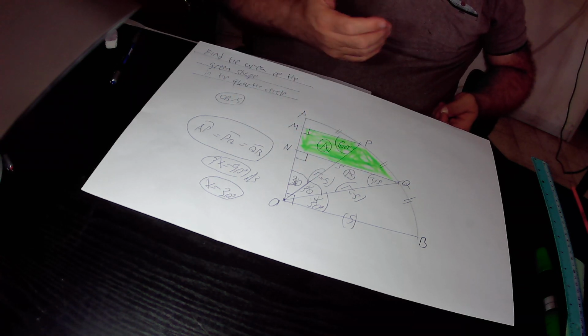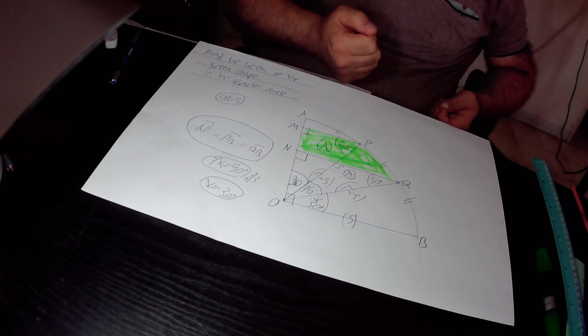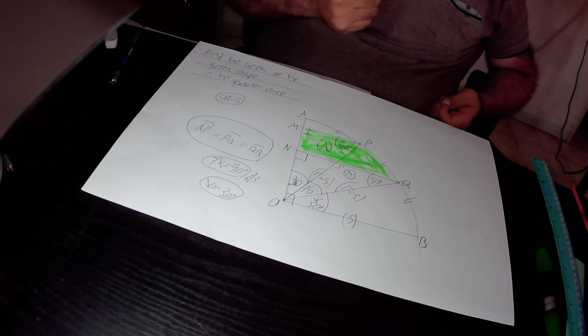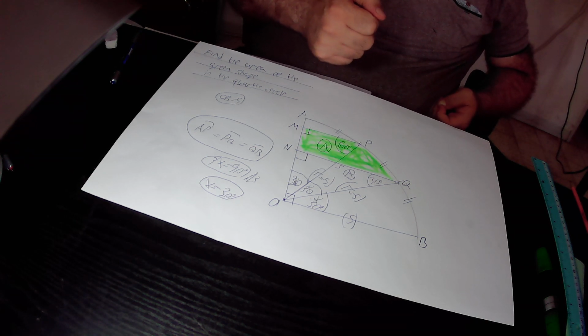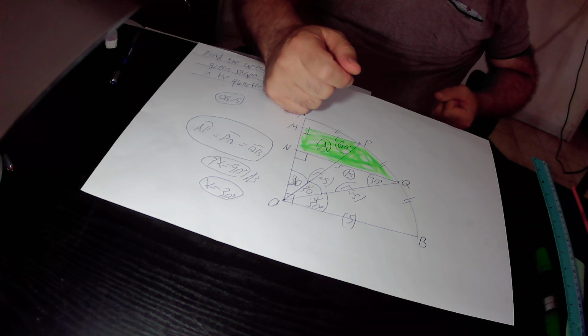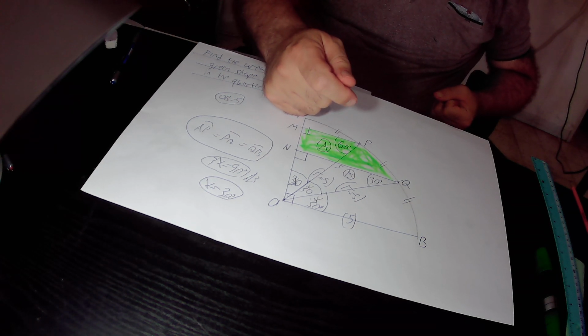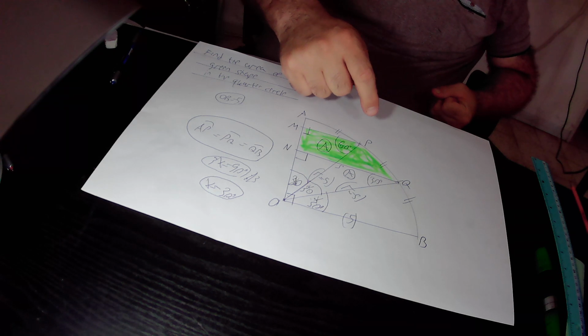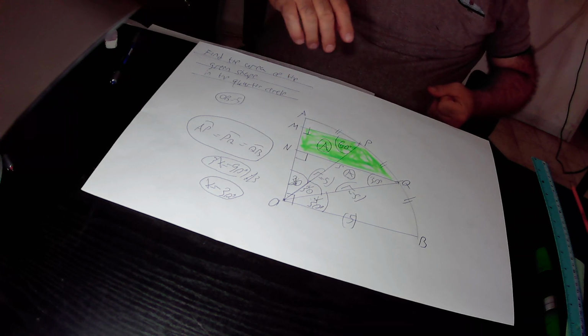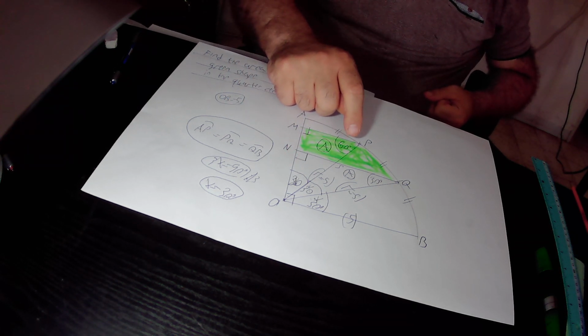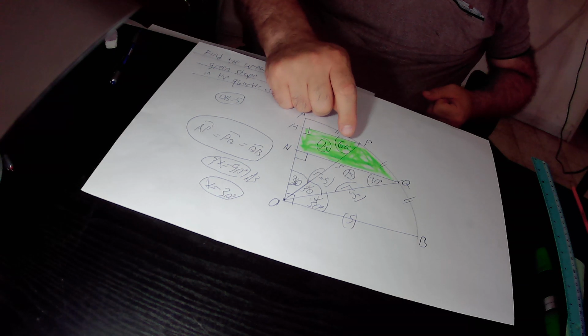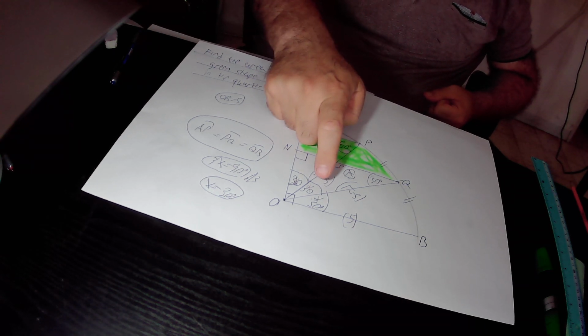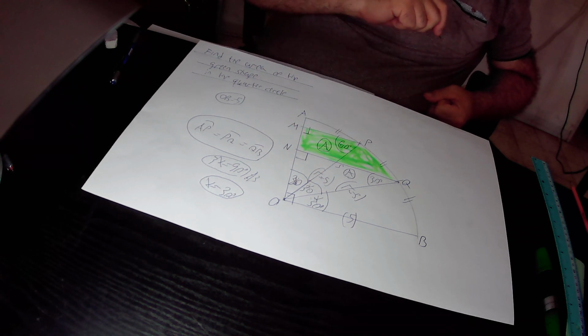The area of any sector equals pi r squared, that is the area of the circle that contains the sector, times the angle between the legs of the sector over 360 degrees. And therefore the area of sector POQ must be equal to pi r squared times the angle between the legs of the sector, that is 30 degrees, over 360 degrees.